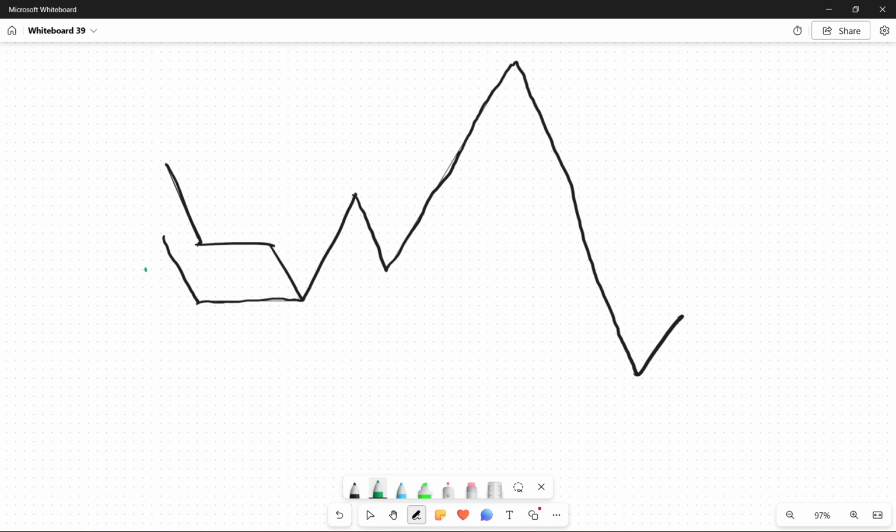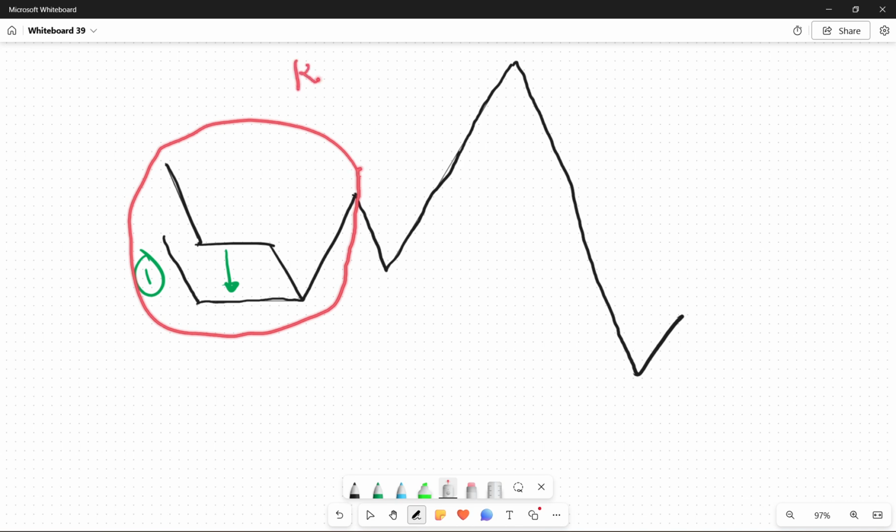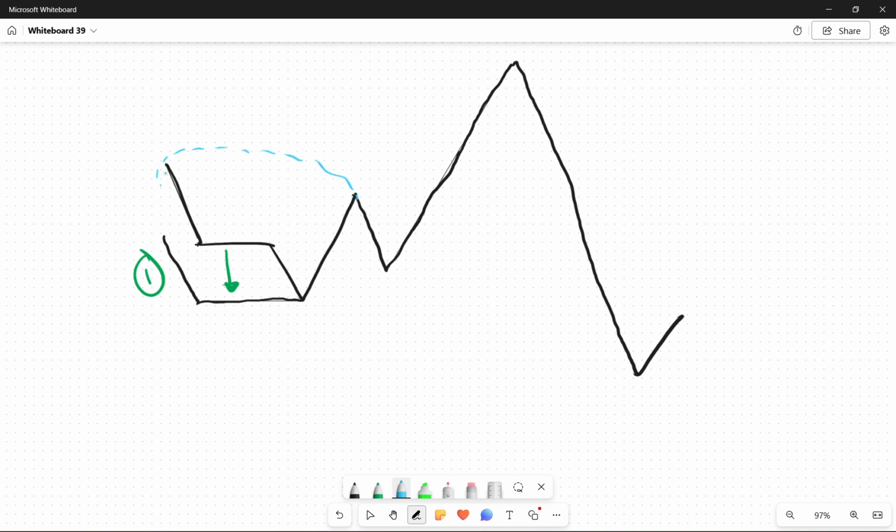So this is our first step. Let me label it. First step, taking this down. So again, I want to tackle this dip as well. So to tackle this dip, I want to take this whole part, because I cannot skip the elements, right? I want to choose k elements from the first. I cannot skip any of the elements. So I will take this whole part down.